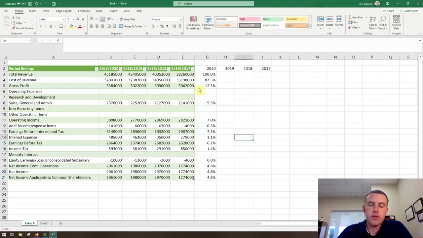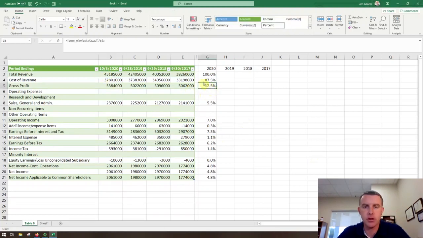Okay. And so now we know, for example, gross profit is 12.5% of total revenue. We're talking about a poultry company, so I don't know what gross profit normally is for these types of companies, but it looks like they have small margins. 12.5% gross profit.